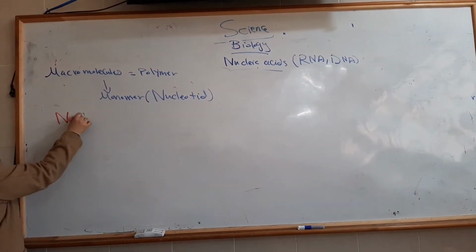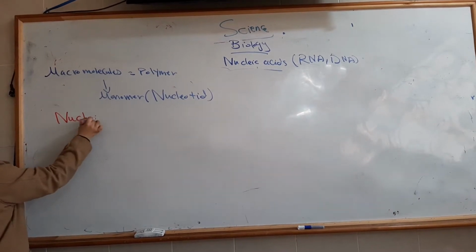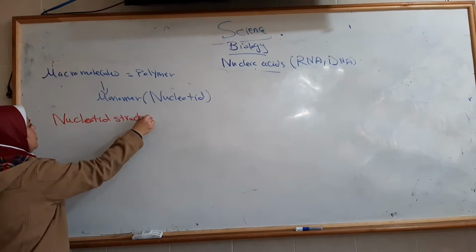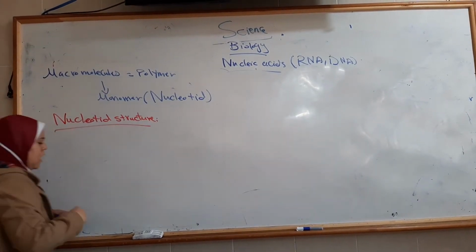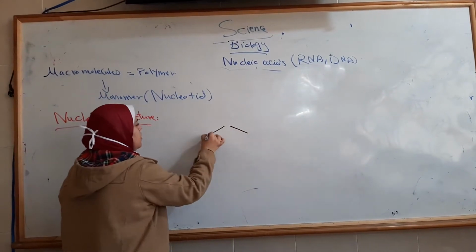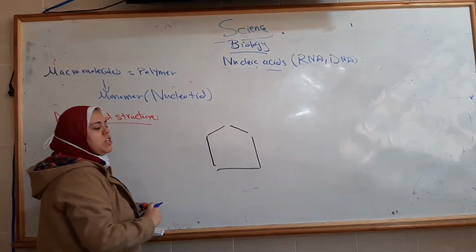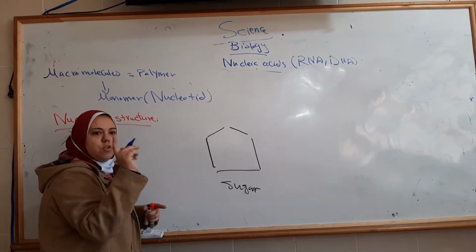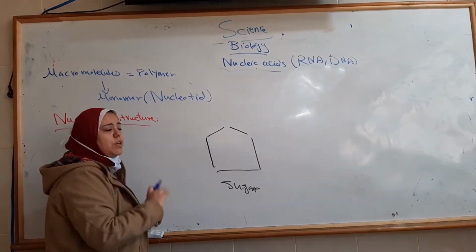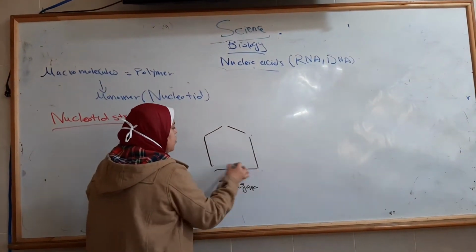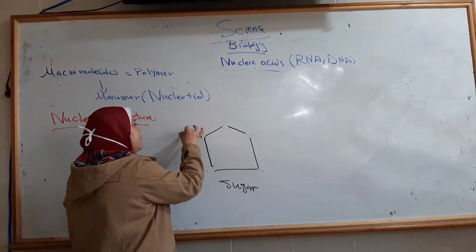Nucleotide structure. A nucleotide consists of, first, this shape, which is sugar. So the first part in a nucleotide is sugar. The sugar consists of 5 carbons: 1, 2, 3, 4, and 5.